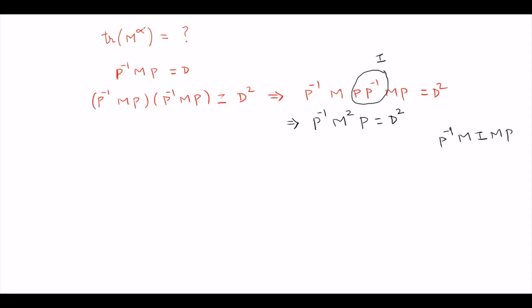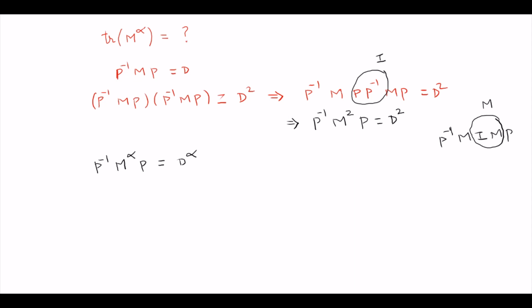The middle term is I, and multiplying it with any matrix gives the same matrix. So we get M into M, that is M square. Therefore, if you want M power alpha, you can write P inverse M power alpha P, which is equal to D power alpha.